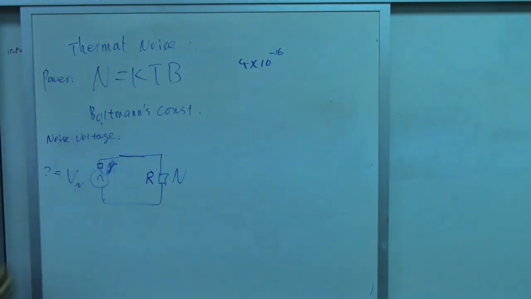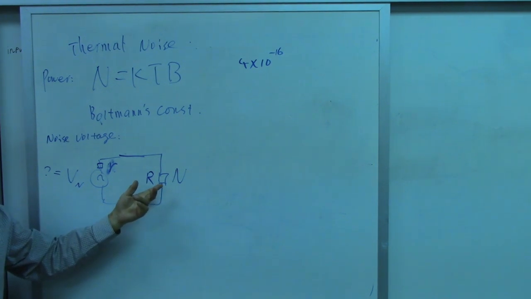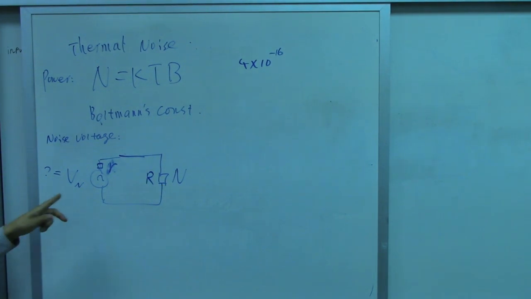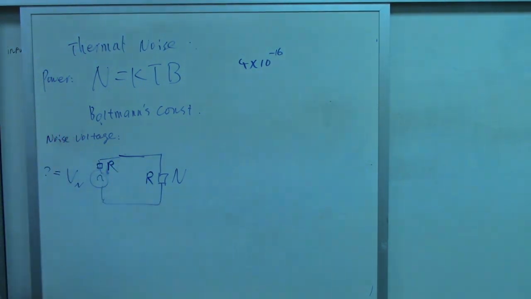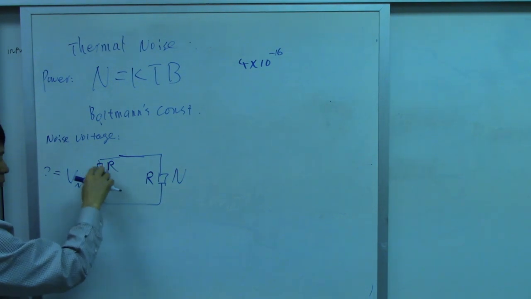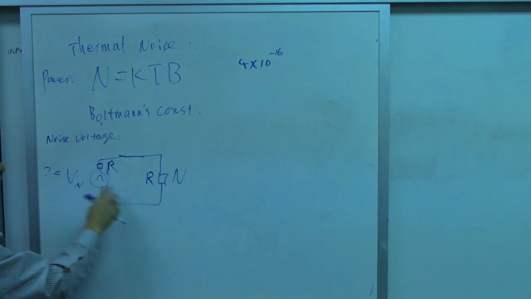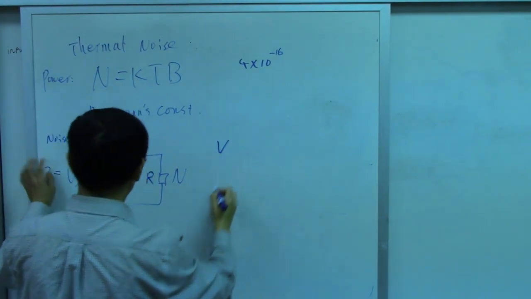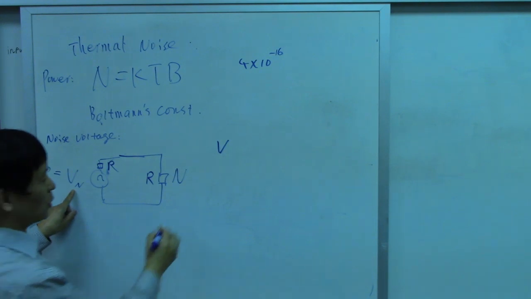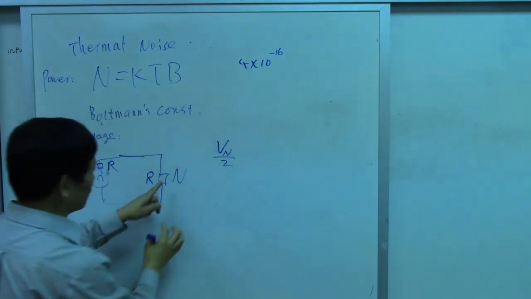When these two are equal, then maximum power will be transmitted to this load from this source. At that time, that means this big R equals this small r, so both are equal to this R. At that time, the voltage on the internal resistance will be equal to the voltage here. So this voltage actually equals, because this voltage here is Vn, noise voltage, so this is Vn over 2.